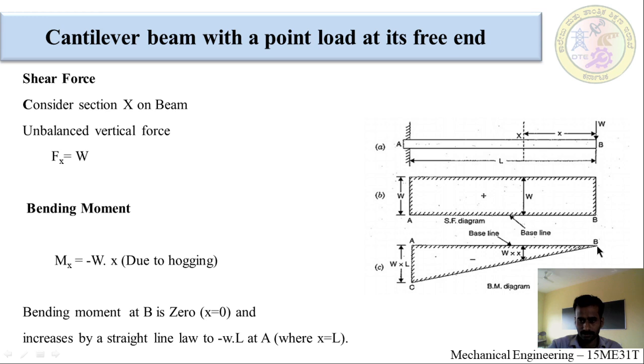From B it increases gradually up to C. Whereas in the shear force diagram, where there is a load, there is a sudden vertical rise in the shear force, and it remains constant up to the fixed end.